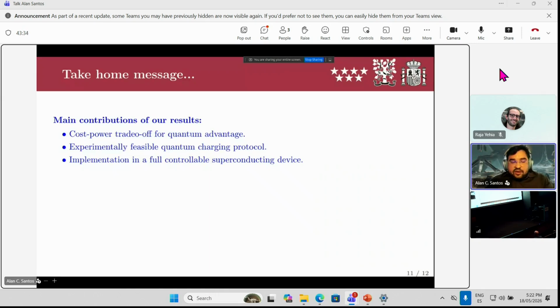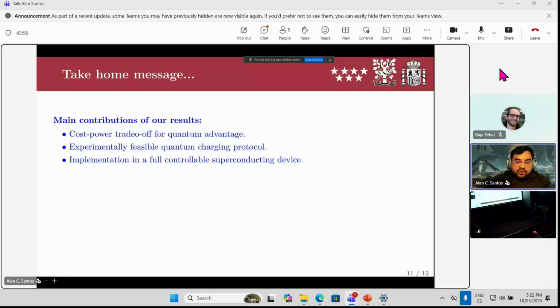So the idea is how to keep this constraint and still have some quantum advantage. In this work, we proposed an experimentally feasible way to do it using this two-photon transition. We implemented it as well in a superconducting qubit because it's a good platform to test this kind of exotic Hamiltonians.